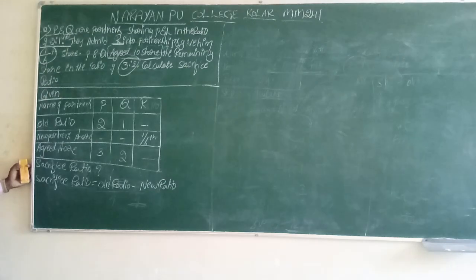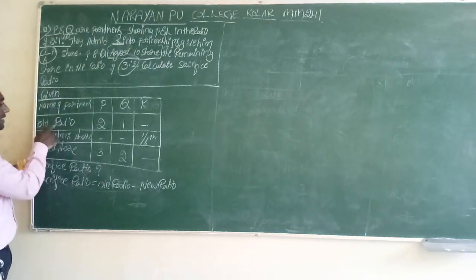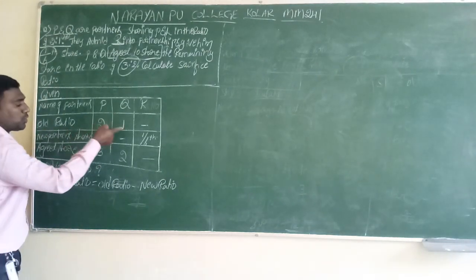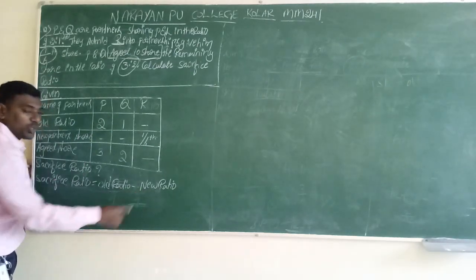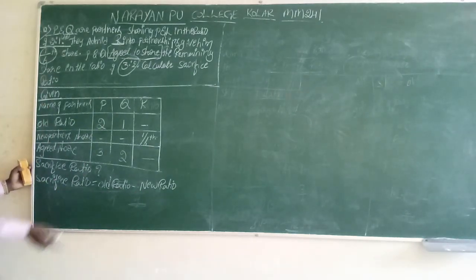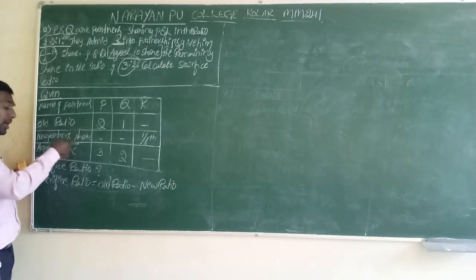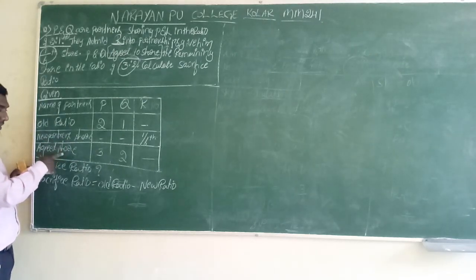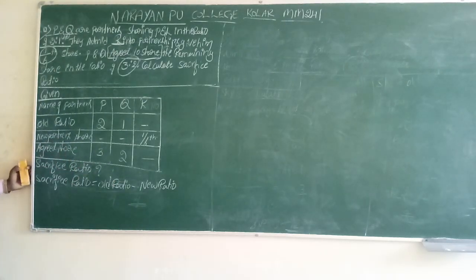The old ratio is available in our question, that is 2:1. The new ratio is not available. The new partner's share is given, and the agreed share is given, but the new ratio is not given.